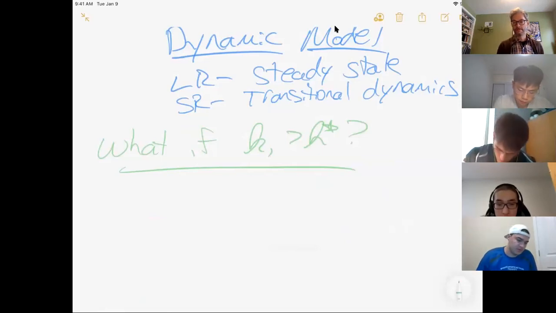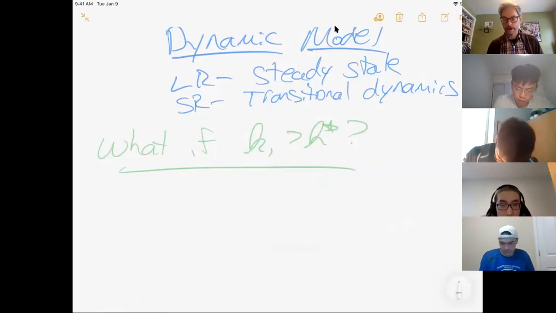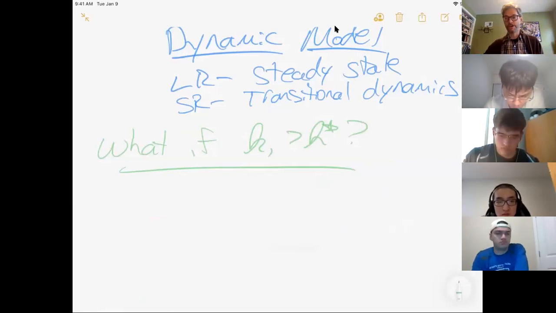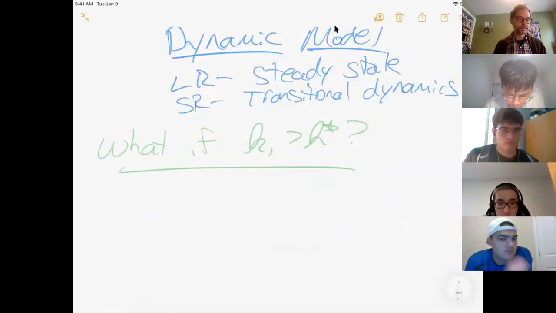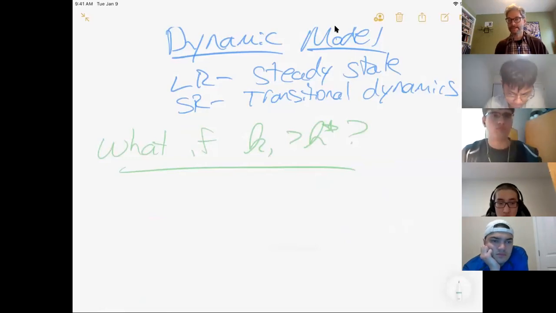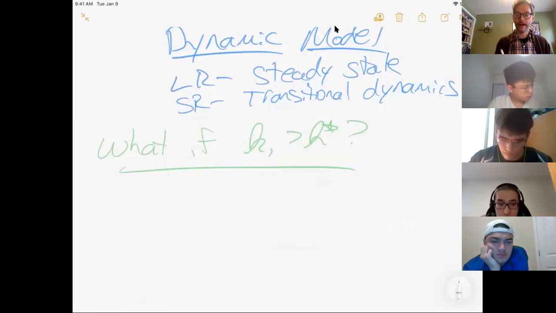Can you walk yourself through that example? I don't think it's too hard, right? That would be a good way to see if you can talk yourself through this without looking at your notes, and convince yourself what happens if we start above the steady state: what's going to happen to the growth rate of output, per capita output, the growth rate of capital, et cetera, as time goes on.